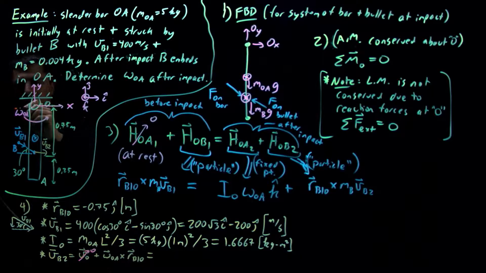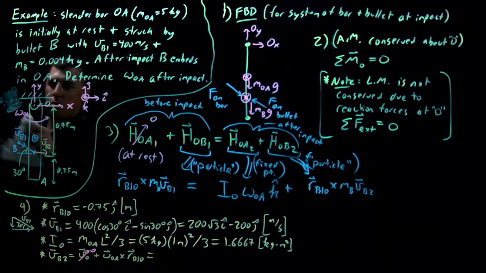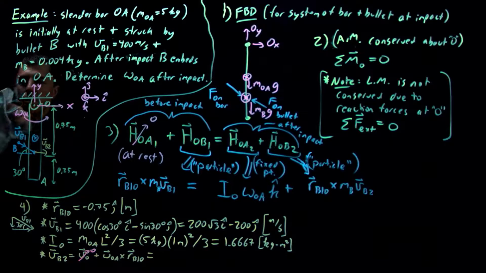Let's give it something else, just so we can clean up our notation. We'll call this the rotation in state 2, right? It's the rotation of the whole system as the whole system rotates after the impact, okay? So we will call this omega 2.